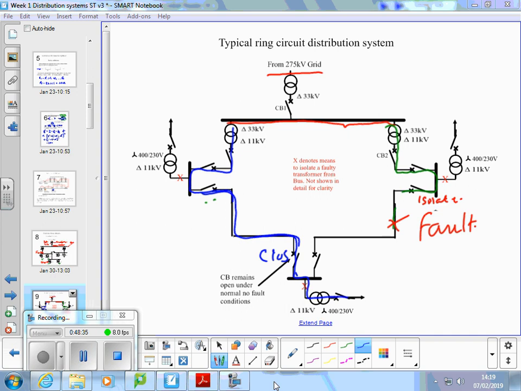Now a further improvement on that type of system, because the danger is that you can still lose a lot of customers if something goes wrong at this point, is that you could have a second 33 kV feed-in. So again, you've got two alternative routes for the supply to come from.